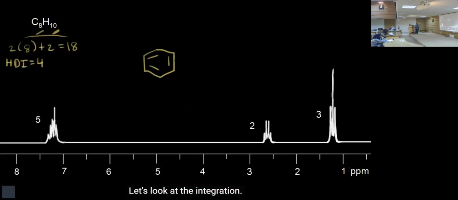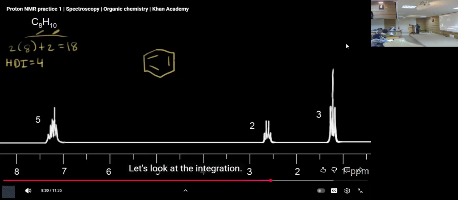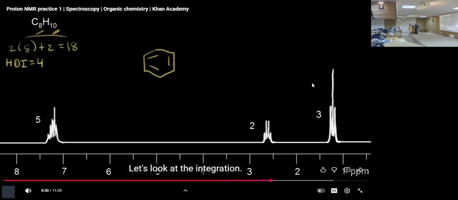Looking at this structure, we can immediately tell the hydrogen deficiency. For example, this is an aromatic ring with 3 double bonds, so 3 plus 1 for the ring. Whenever there is a ring, you need to add 1. So you do not need to calculate with the formula every time; you can just look at the structure.